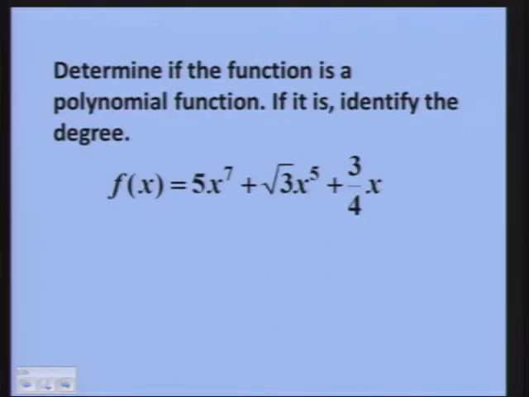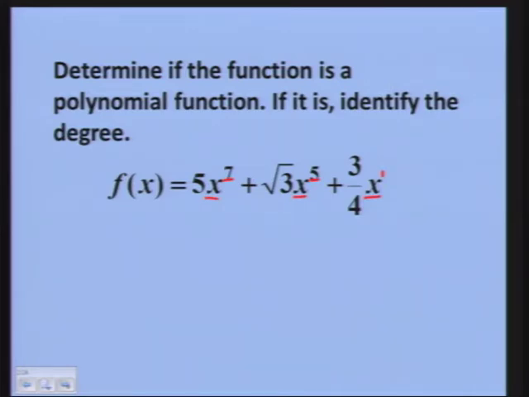We're going to determine if this function is a polynomial function, and if it is, we'll identify the degree. Looking at this, I have to make sure that every x has a whole number for its exponent. Well, this has a 7 here, a 5, and that's an understood x to the 1, so every x has a whole number for its exponent.